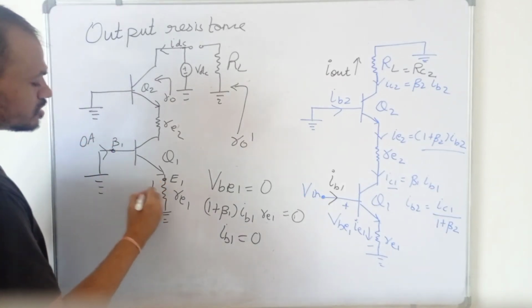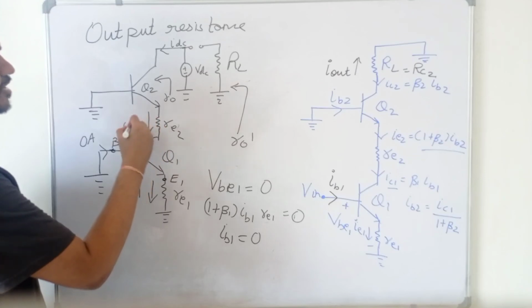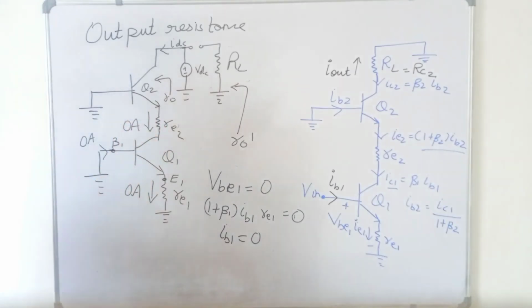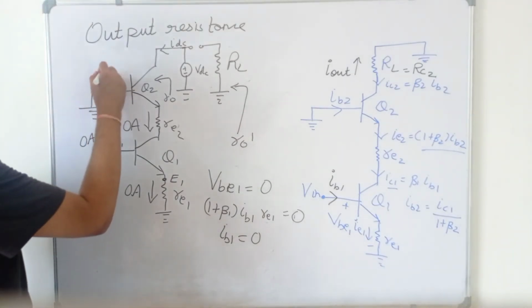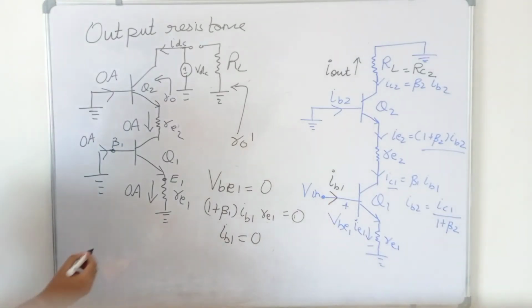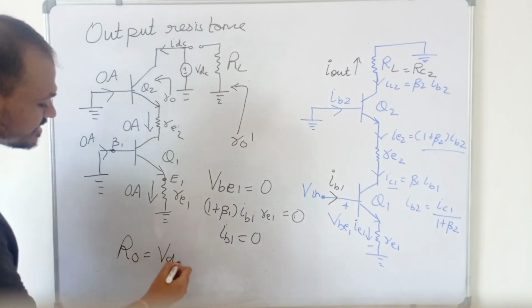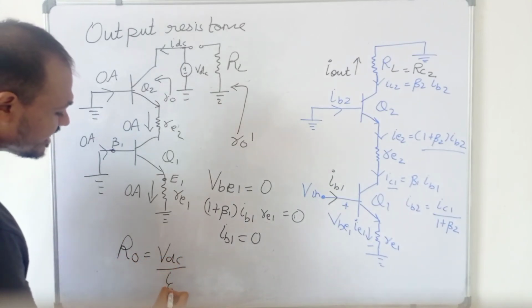This current is also 0 ampere. So if both this current and this current are 0 ampere, then this current will also be 0 ampere. So if this current is 0 ampere, then this current will also be 0 ampere. Okay, so this IDC will be equal to 0 ampere. So R out, or the output resistance, is equal to VDC upon IDC.